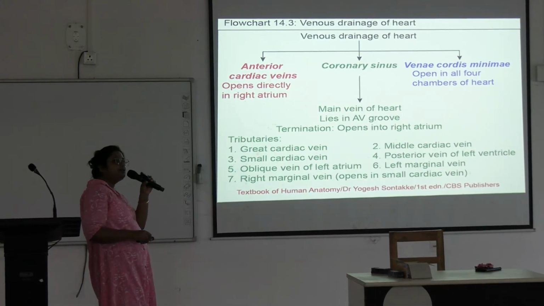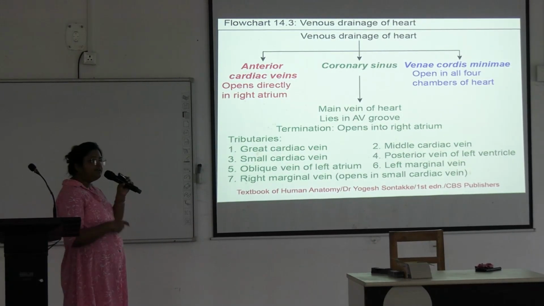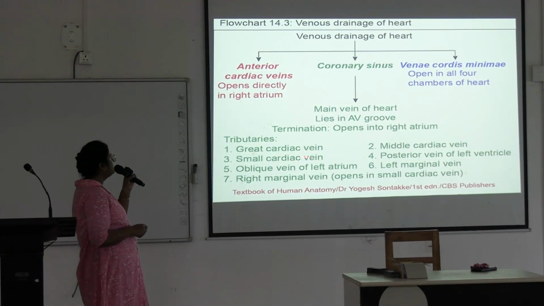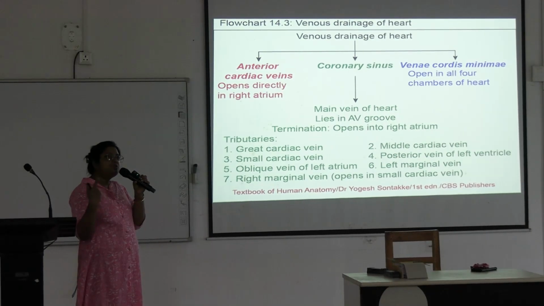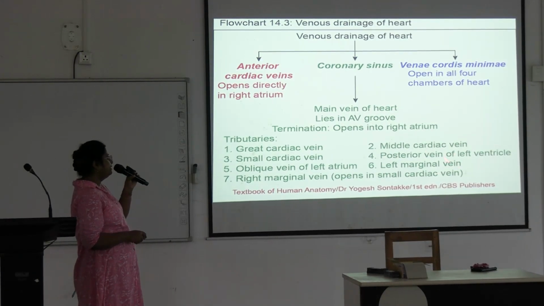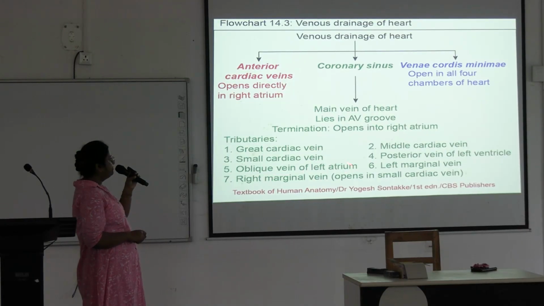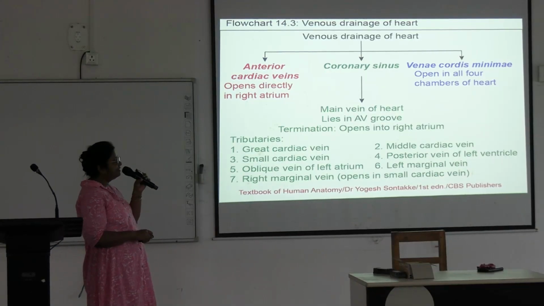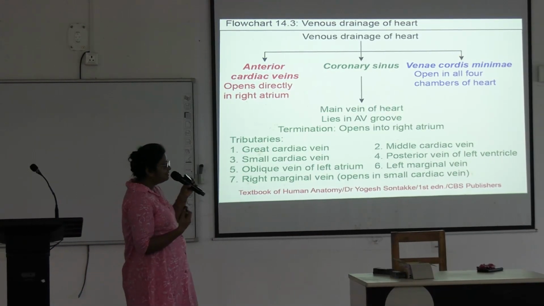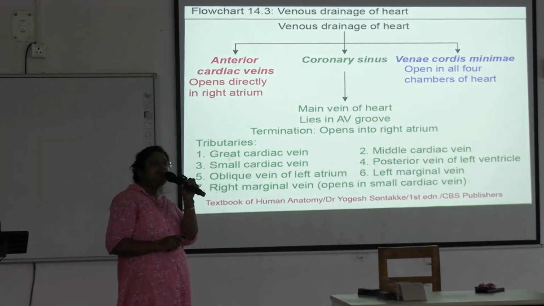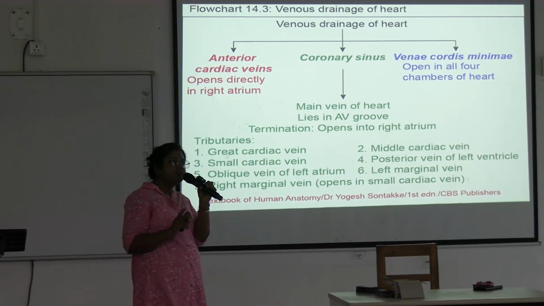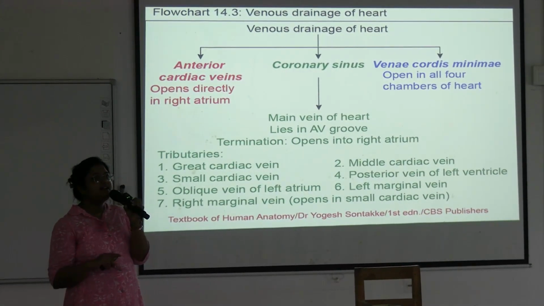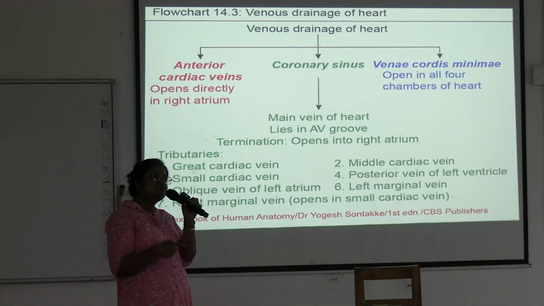These are the tributaries: great cardiac vein in the anterior interventricular groove, middle vein in the posterior interventricular groove, small cardiac vein in the right part of the AV groove, posterior vein of the left ventricle, oblique vein of the left atrium, left marginal vein, and the right marginal vein which opens in the small cardiac vein. Okay, so all those you have seen in the picture. So practice a schematic diagram for both the right and left coronary arteries, and a schematic diagram for the coronary sinus and different tributaries. Okay.